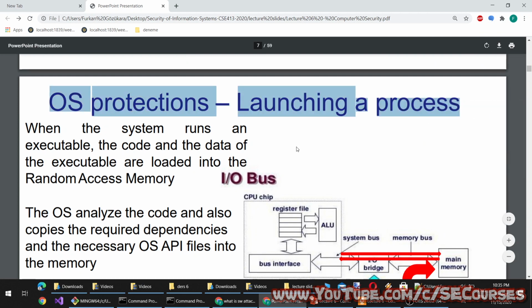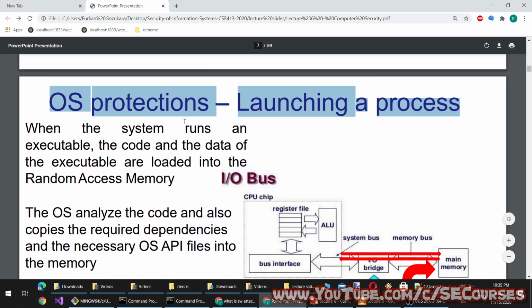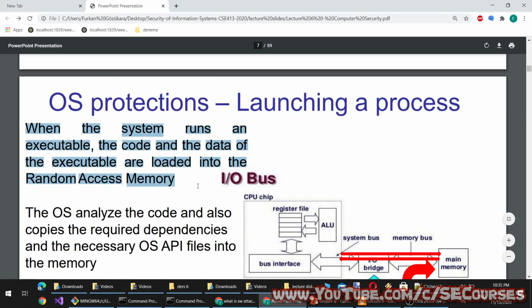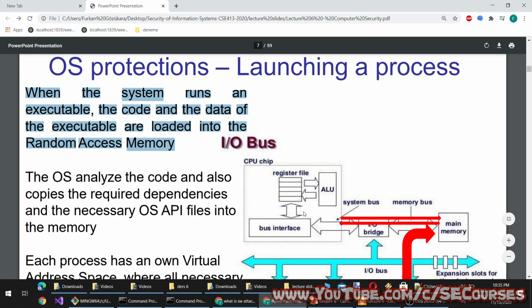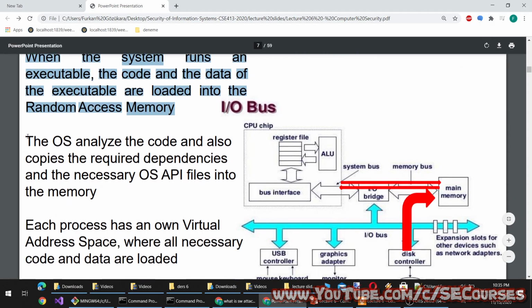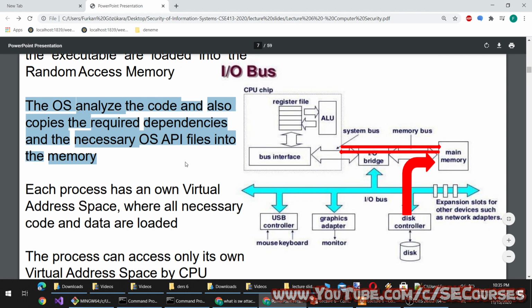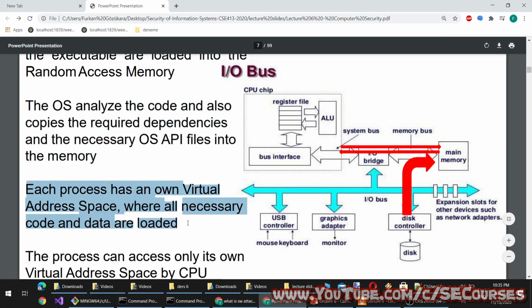OS protections, launching a process. Okay, so now we are going to see operating system level protections. When the system runs an executable, the code and the data of the executable are loaded into the random access memory. The OS analyzes the code and also copies the required dependencies and the necessary OS API files into the memory.